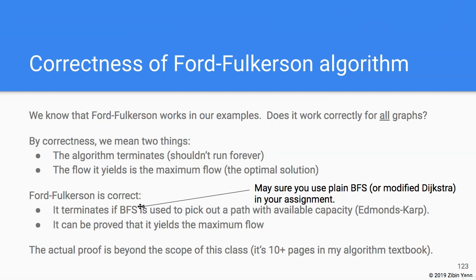That is a very simple variant on Ford-Fulkerson, using BFS to pick out a path, and it actually has a name because it was discovered by Edmonds and Karp. That guarantees termination, and then it can be proved that when it terminates, it finds the maximum flow.